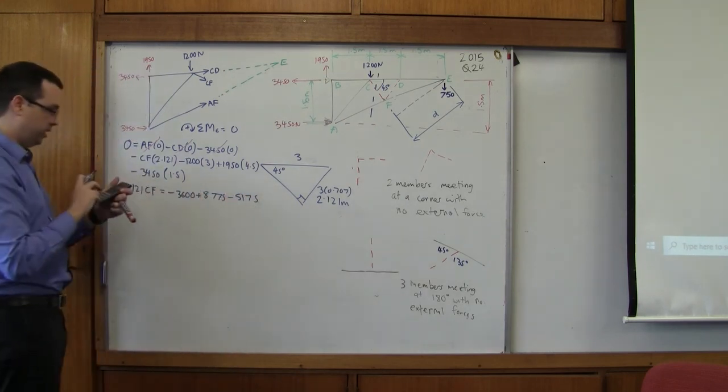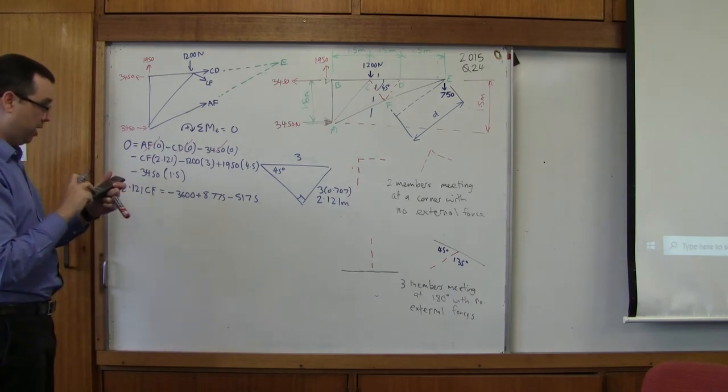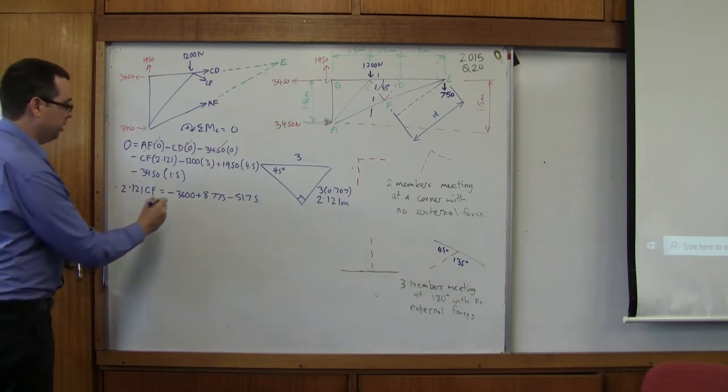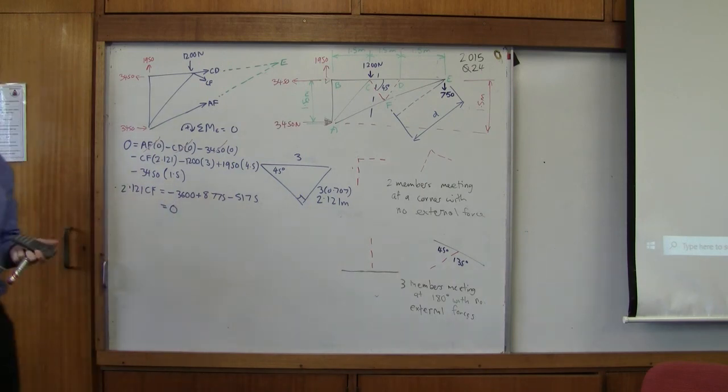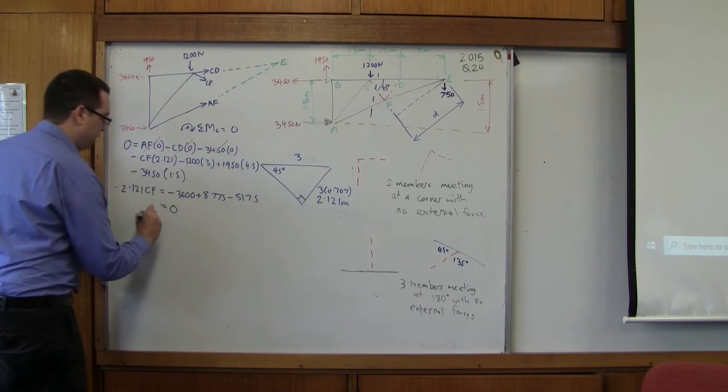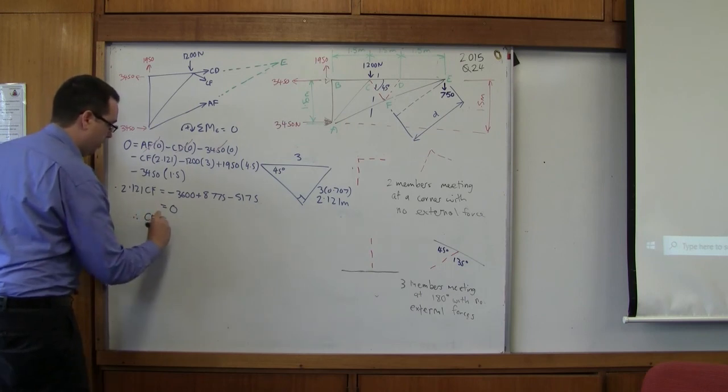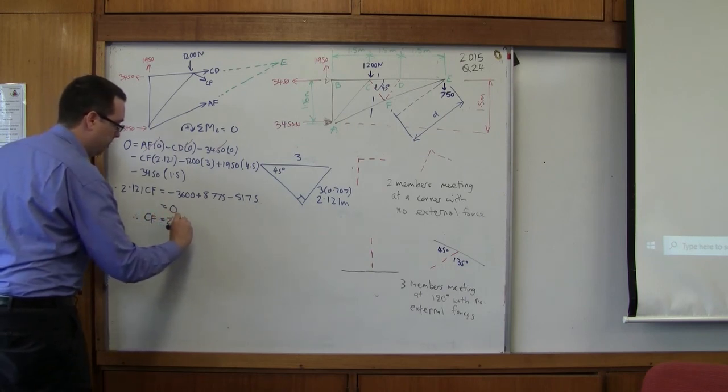Okay, if I take this number of 8775 minus 5175 minus 3600, therefore CF equals zero. CF is a zero force member.